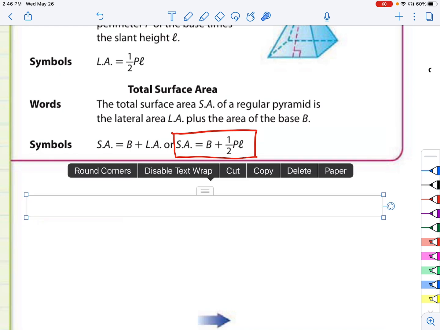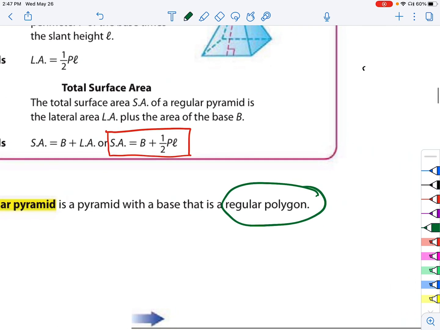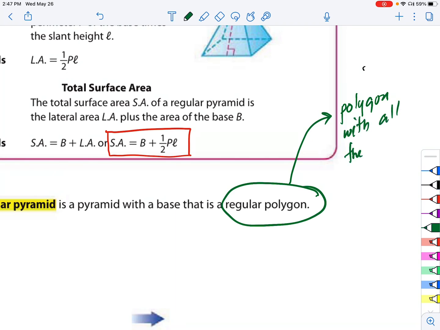So when you talk about a regular pyramid, a regular pyramid is a pyramid with a base that is a regular polygon. Now this one you need to remember. I think you studied this in 6th grade. A regular polygon is a polygon with all the sides congruent.